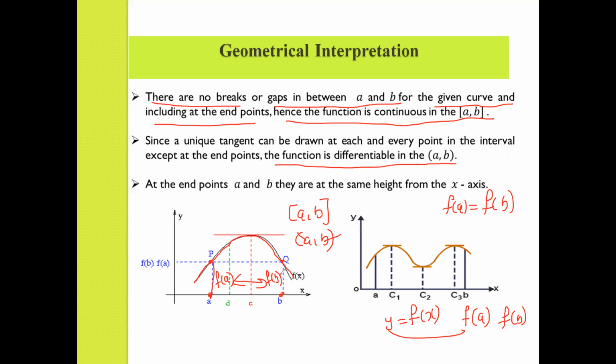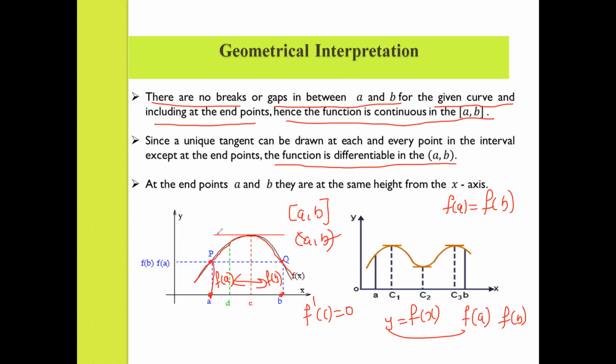When these two heights are the same, all the three conditions of Rolle's theorem are satisfied. So once all the conditions are satisfied, there exists at least one point. It may be more than one point. Here I have taken 2 points, but at least one point C such that f dash of C equal to 0. That is the Rolle's theorem statement.